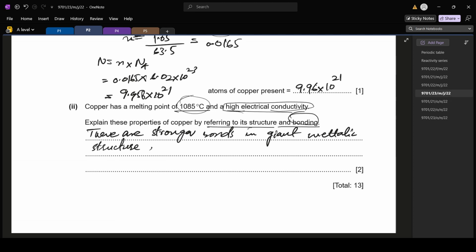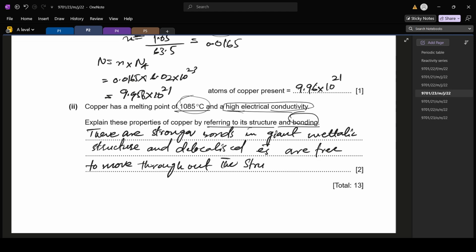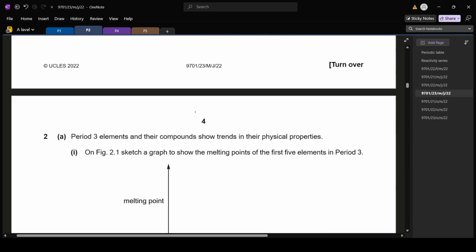And delocalized electrons are free to move throughout the structure. Okay, so that's why it is an electrical conductor, and it has a high melting point.